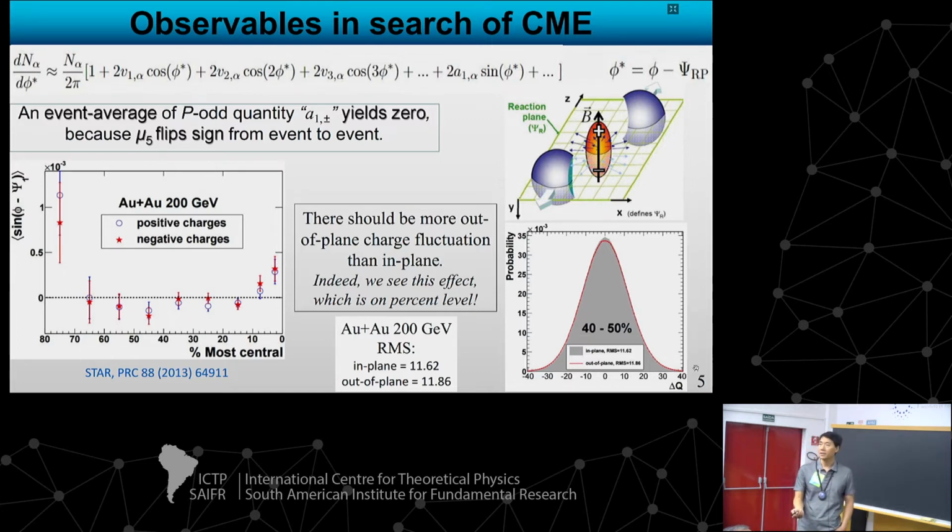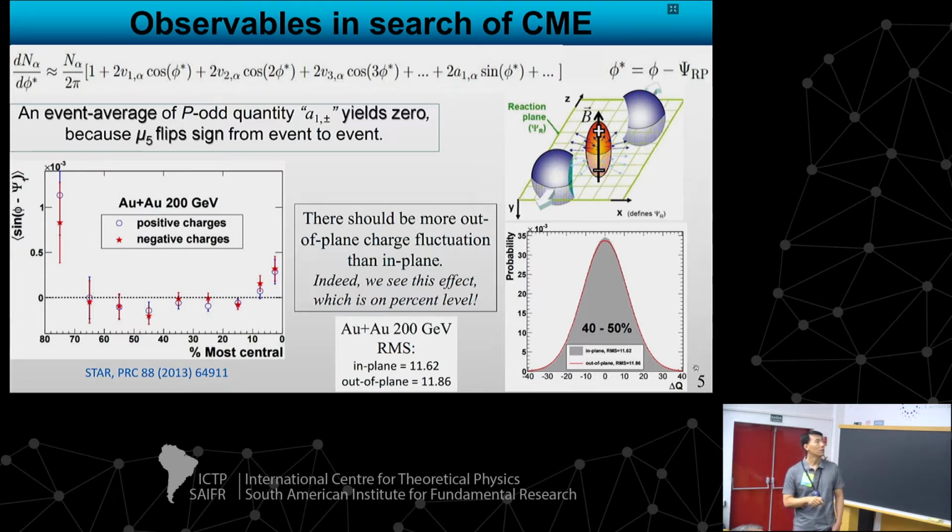On average, if you average over all events, you will see exactly 0. That's expected because mu5 flips sign from event to event. We have global parity conservation. So instead, we have to look at the fluctuation of this quantity.